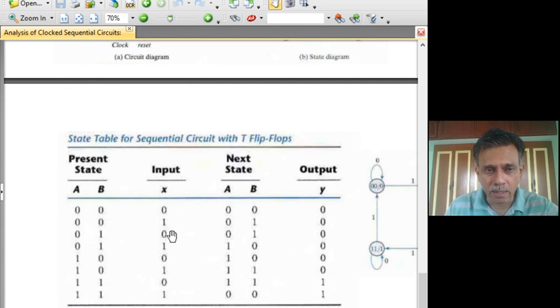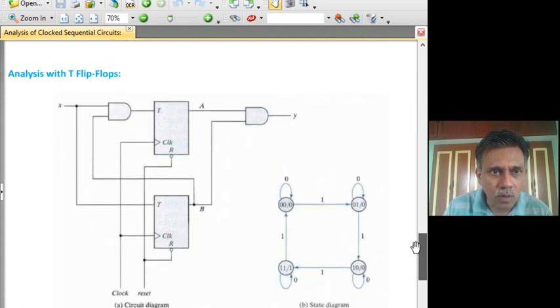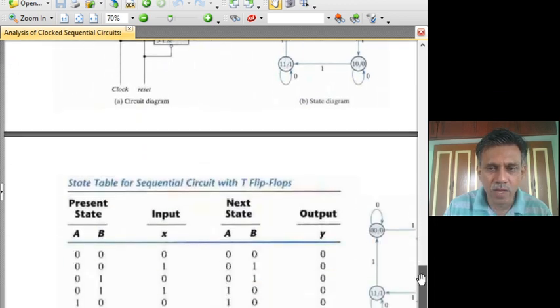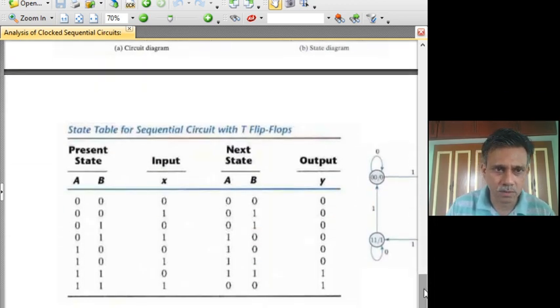Only when X is 1 and B is 1, so that X and B is 1, then TA toggles. If one of them is 0, then the AND is 0, so you don't need to worry. You just have to copy these things.